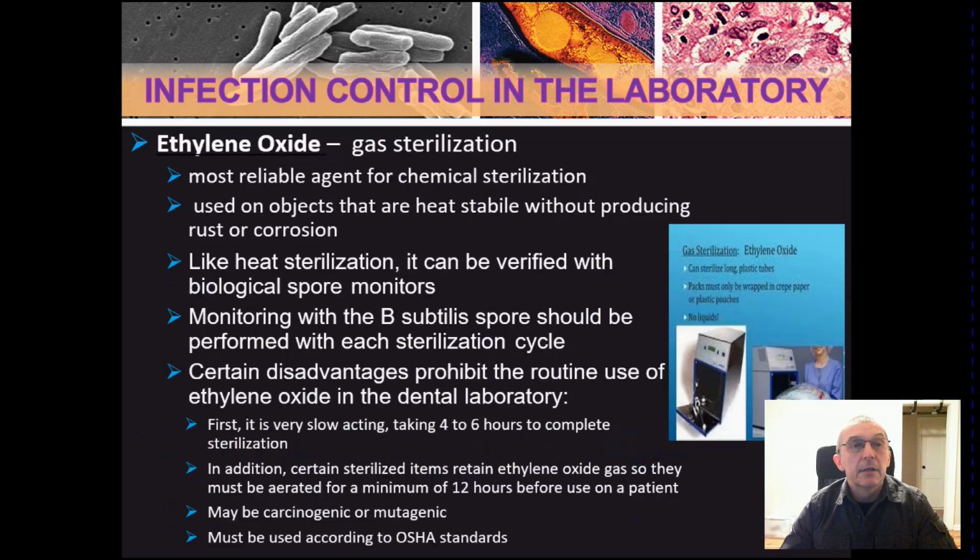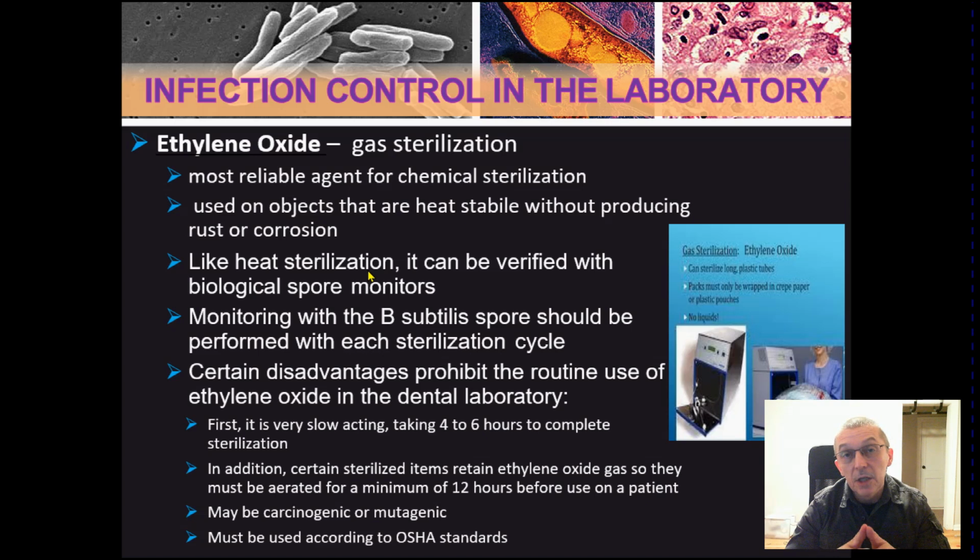And then we have ethylene oxide. This is a gas sterilization, which requires specified equipment, as we see here. This is mostly used on gowns and uniforms that need to be sterilized in surgeries and things like that, that you cannot sterilize otherwise.